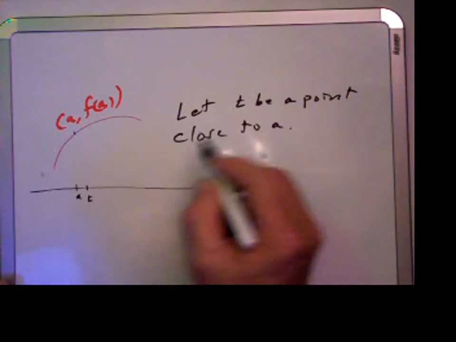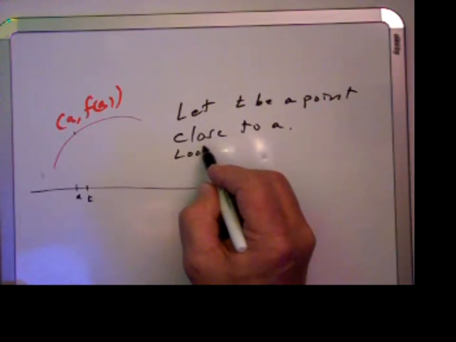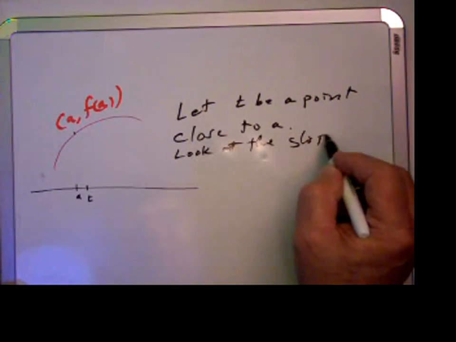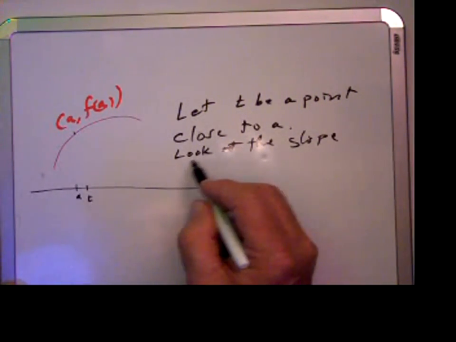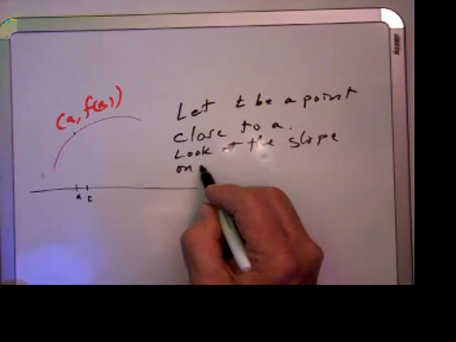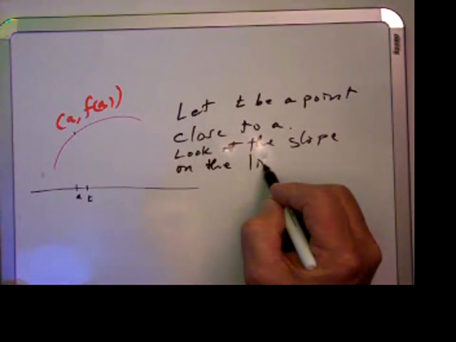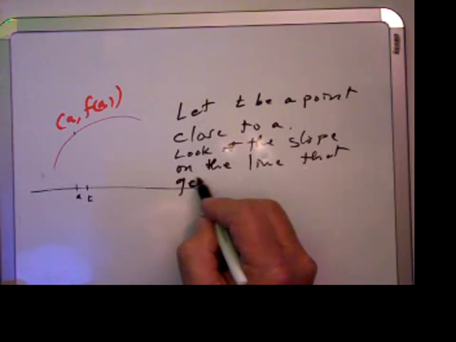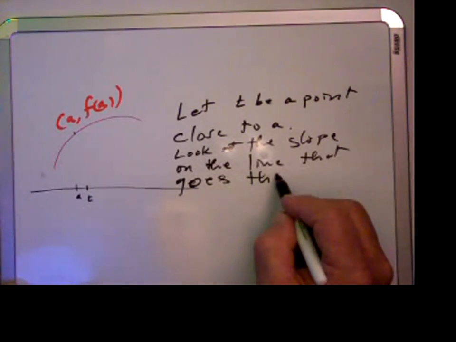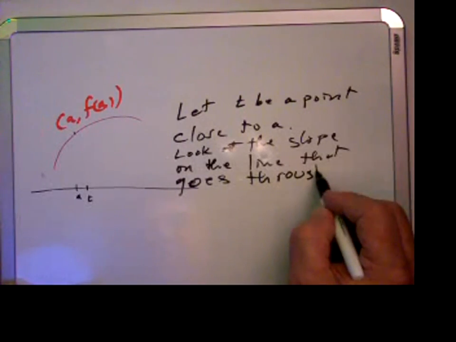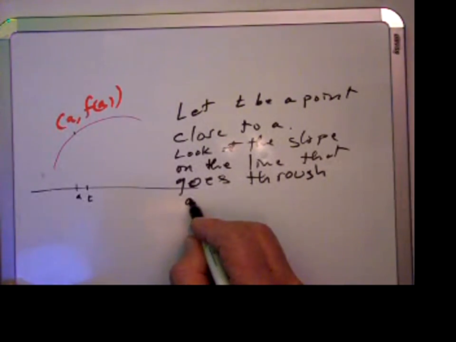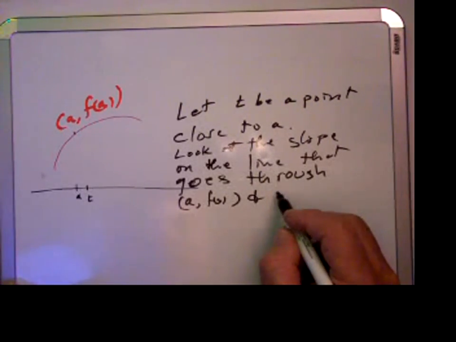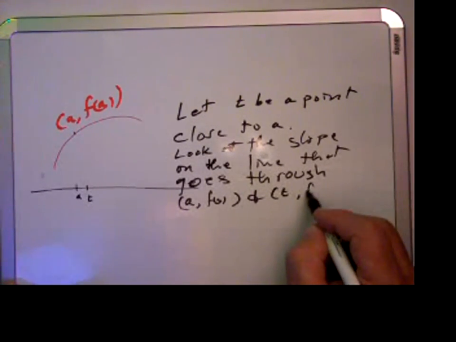And then what we want to do is look at the slope of the line that goes through a comma f of a and t comma f of t.